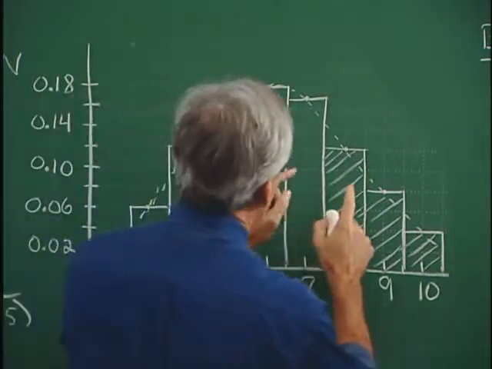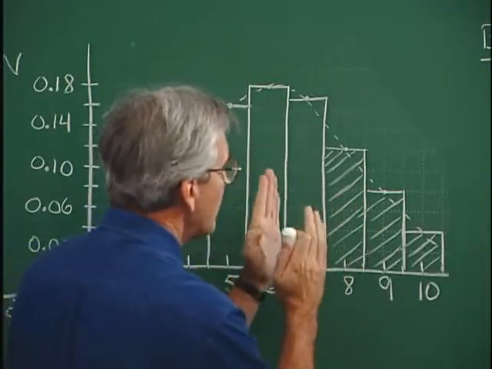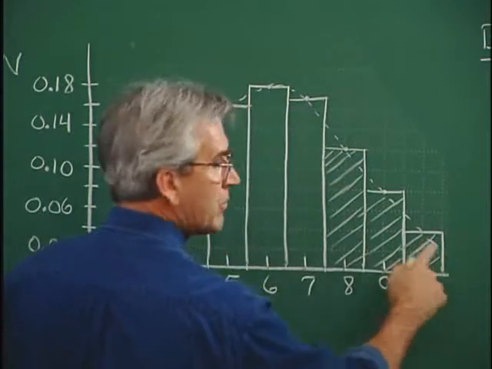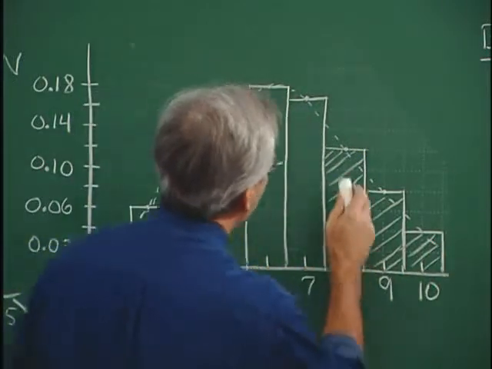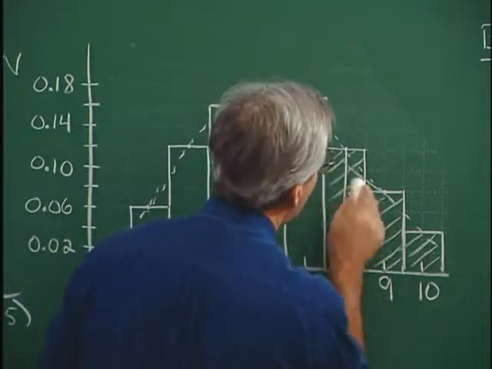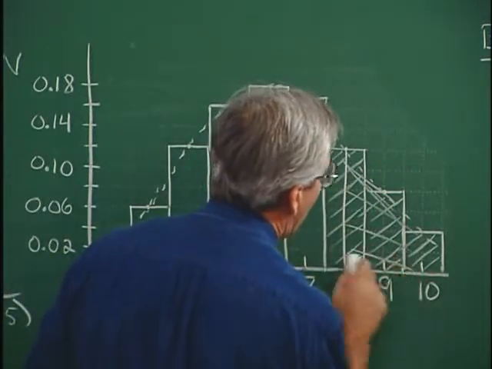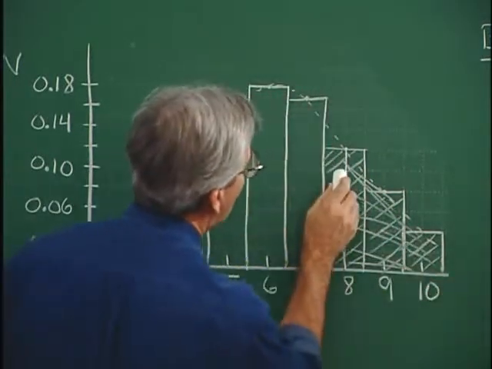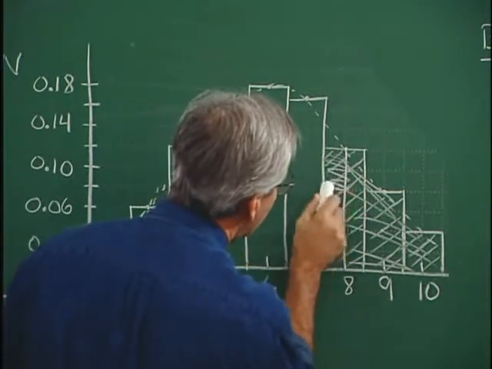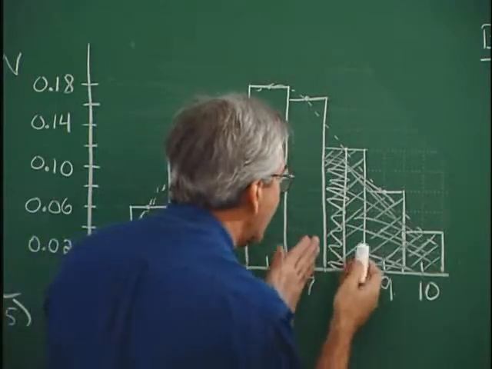But notice that if I'm thinking about area involved with this normal distribution, do I want area starting here at 8 and going out to the right? No, I don't want just that area. I want to also include the remaining portion in this region. You see, I don't want just half of that histogram.